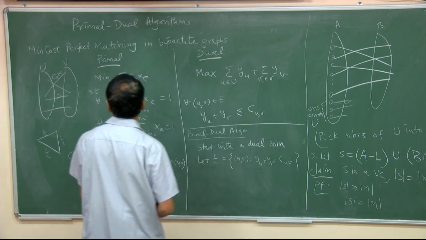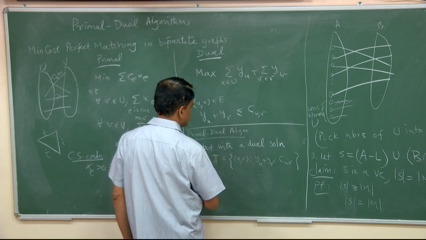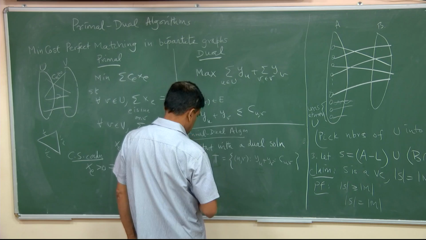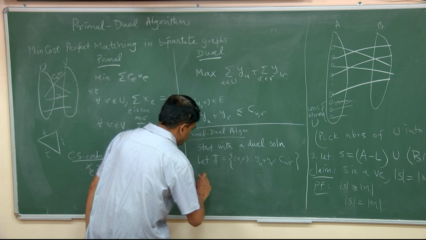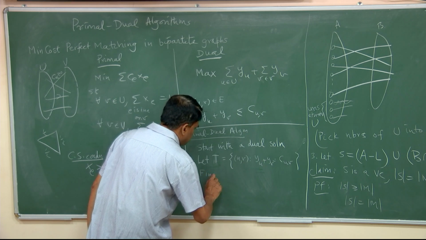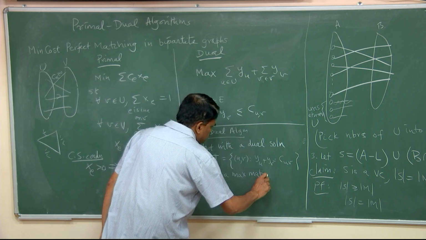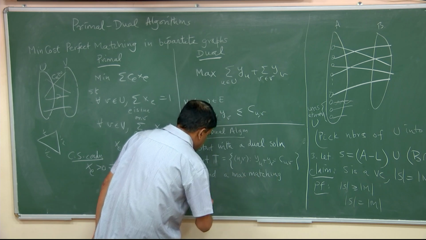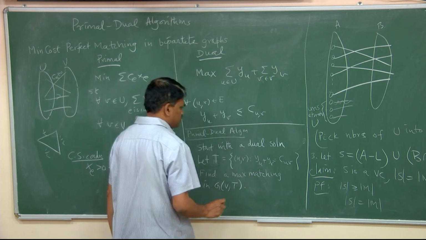Maybe I should call this T to say tight edges, because E is my original edges. Find the maximum matching in G_T.